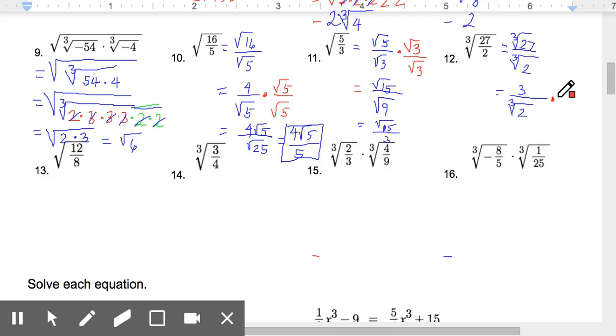So when I rationalize, I will rationalize by the cube root of 2 times 2 over the cube root of 2 times 2. So now if we multiply the denominators, we notice that there are 3 2's. And so we will be able to get the cube root of the 3 2's, and therefore the cube root disappears in the denominator.